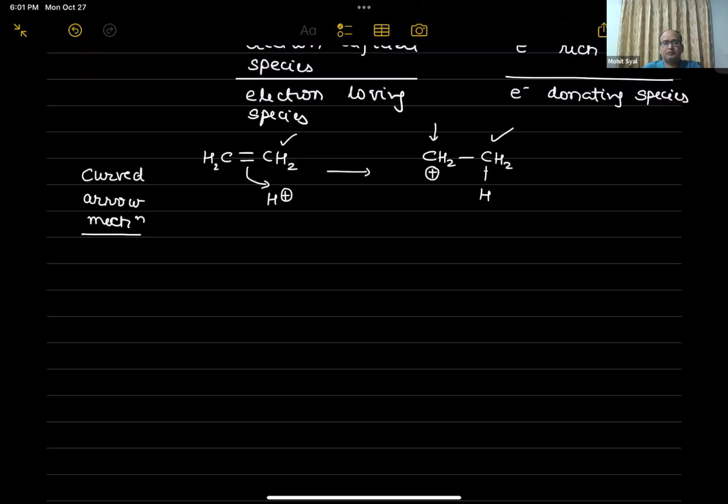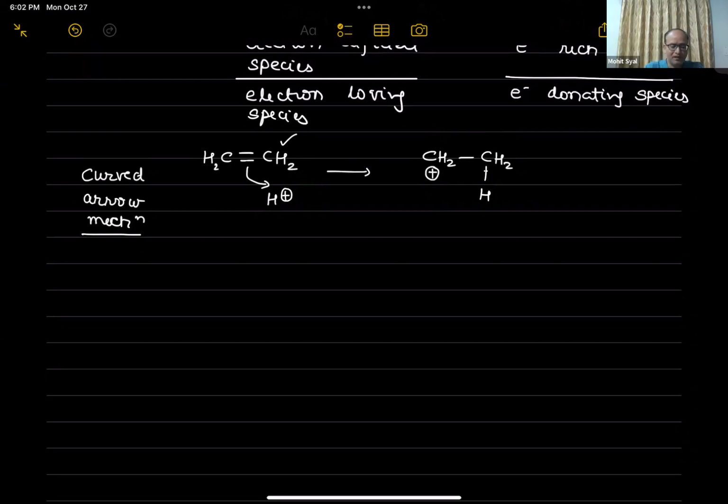So wherever that plus charge appears, that is the carbon whose bond is being snatched away by the hydrogen. I'm talking about this carbon atom on this side. H plus approached from here, so that carbon atom which was here will have the plus charge. Is it clear?